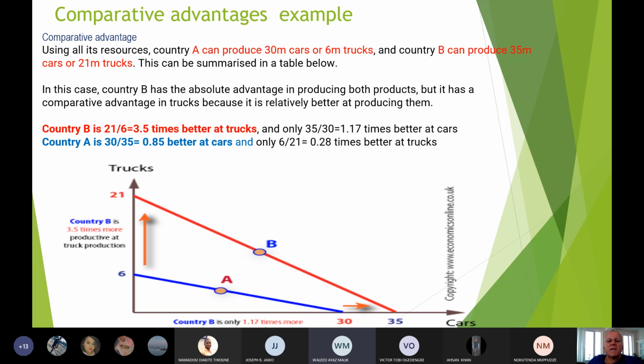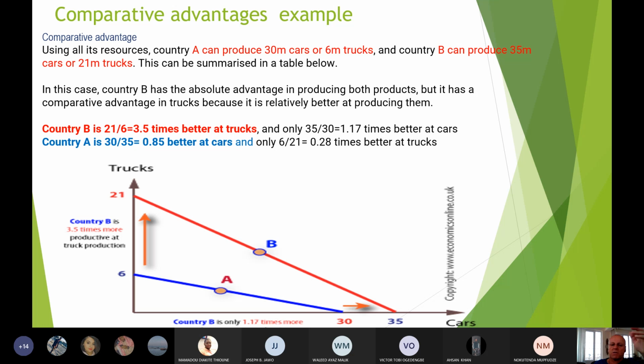Absolute advantage is the real cost advantage. You are looking at the numbers only. When you look at the numbers here, B is always preferable, isn't it? B has 21 trucks and 35 cars, let's say million units. Therefore, absolute advantage looks at the numbers, the amount of production, or the price.